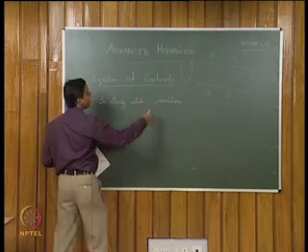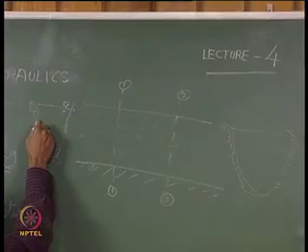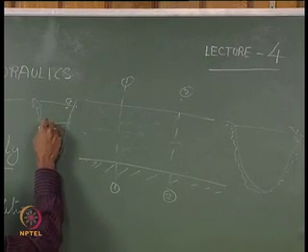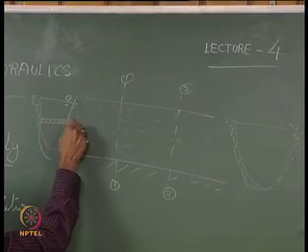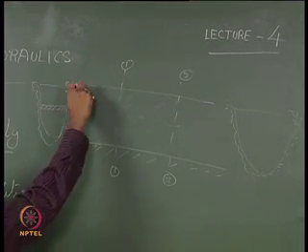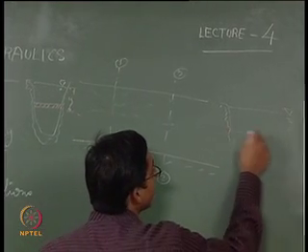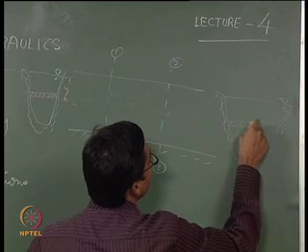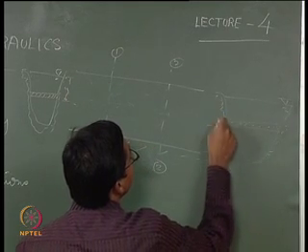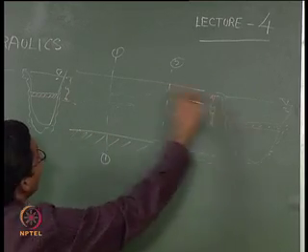I can write the mass of water, say in this particular case you just take any elemental strip at depth y from the free surface, and here also you can take, of course, both the y's are different.